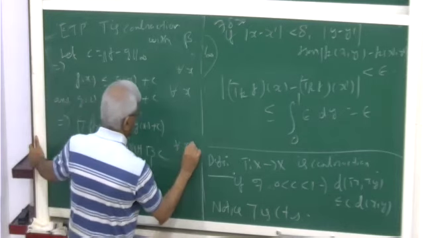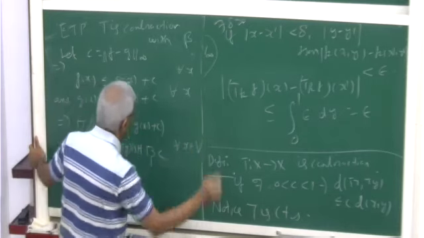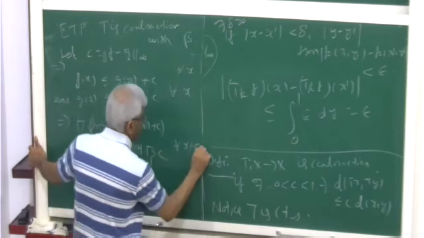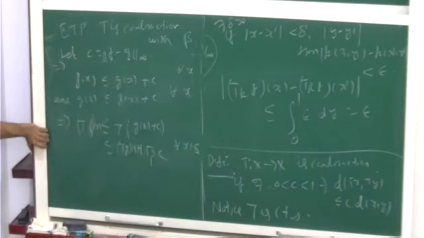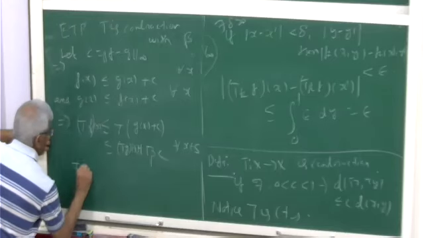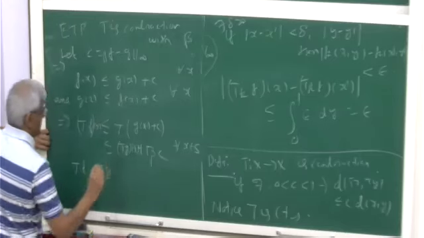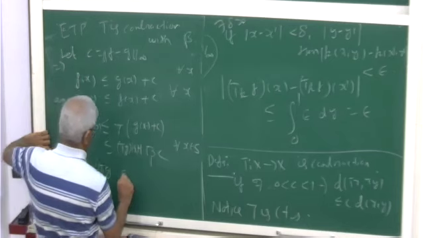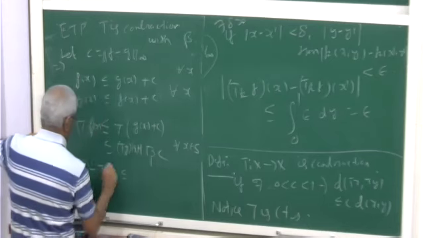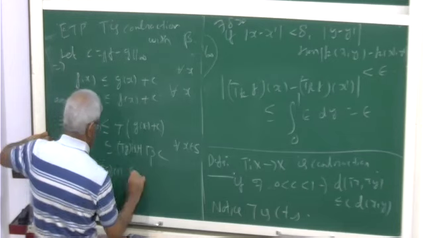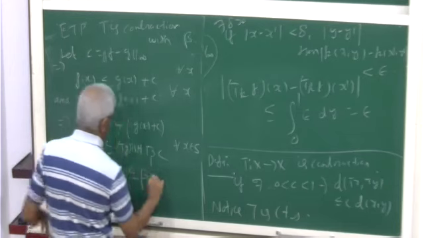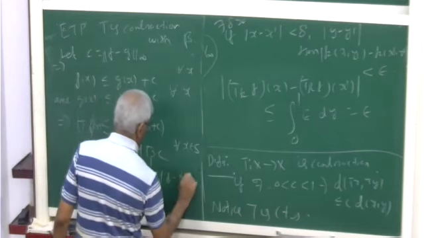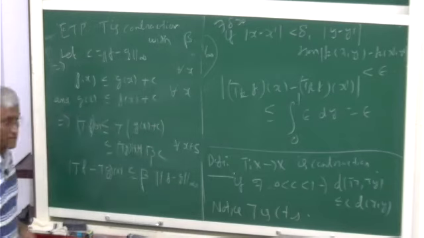For all x in S. So this implies Tf minus Tg is less than or equal to beta times the norm of f minus g infinity, for all x.